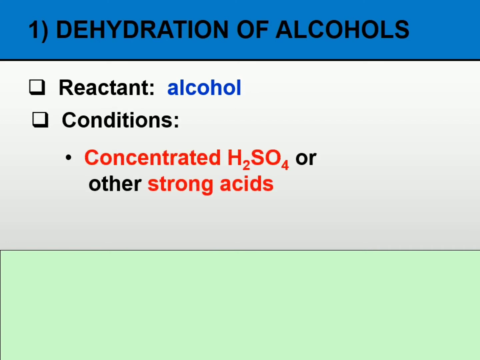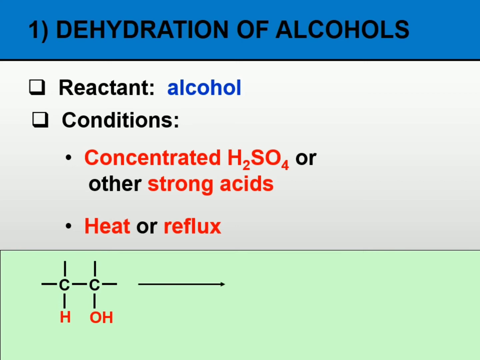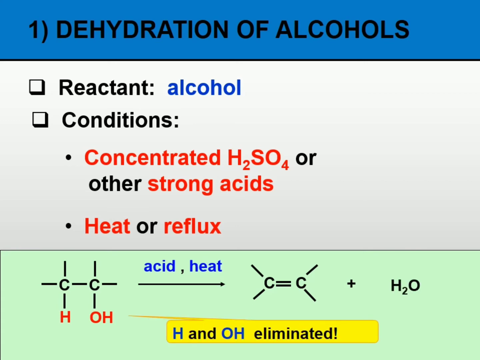Under the condition of concentrated sulfuric acid or other strong acid, and when heat and reflux are present, the H and the OH from the alcohol will be eliminated, and then we will get the double bond, which is an alkene. The byproduct will be water.